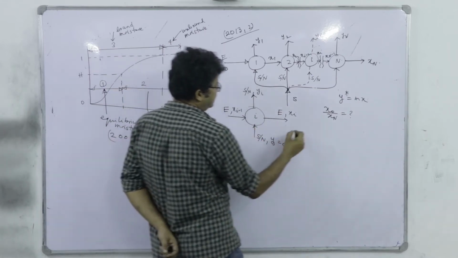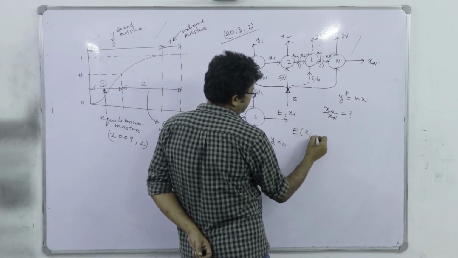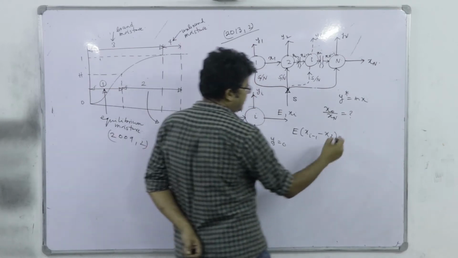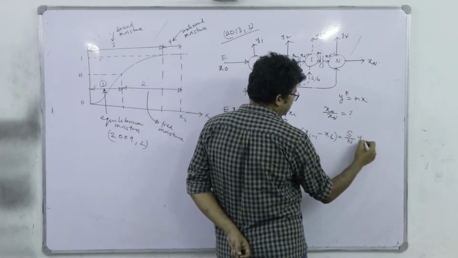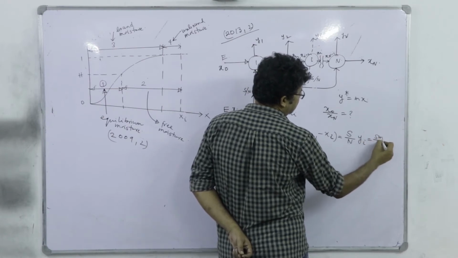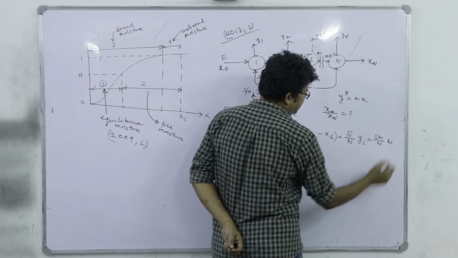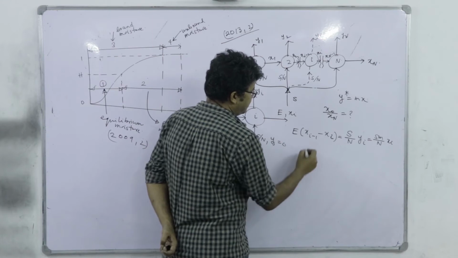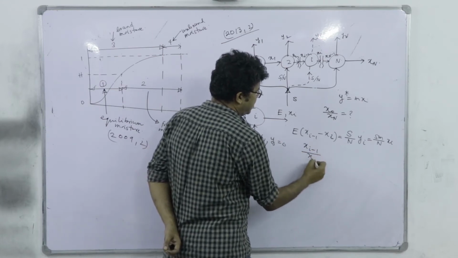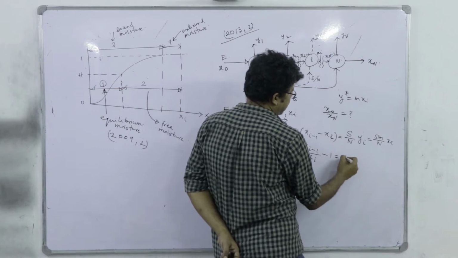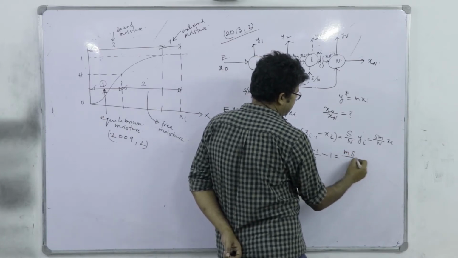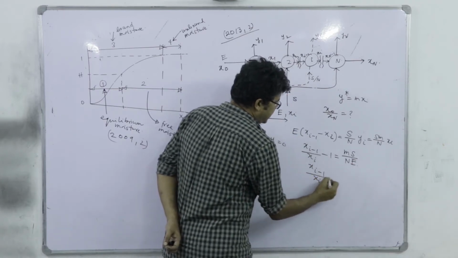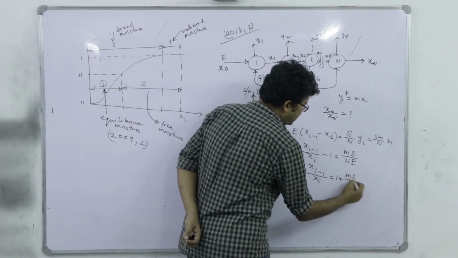If I write the balance, it is E into xi minus 1 minus xi is equal to S by n into yi, which is S by n into m into xi. So xi minus 1 by xi is equal to 1 plus m into S divided by n into E.